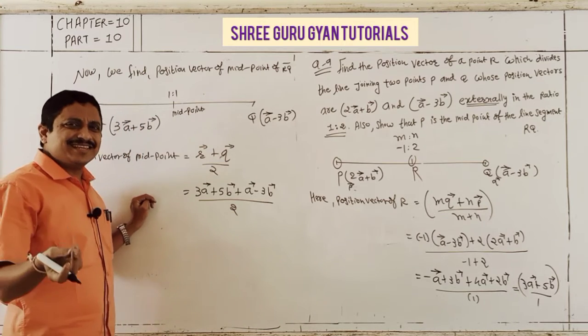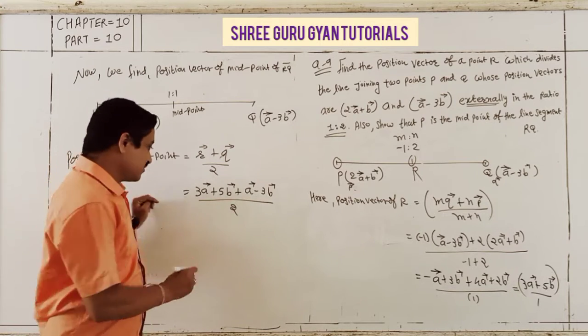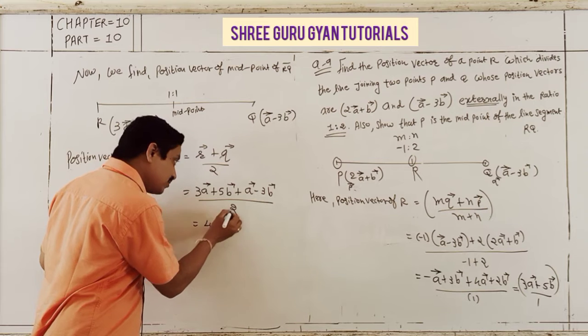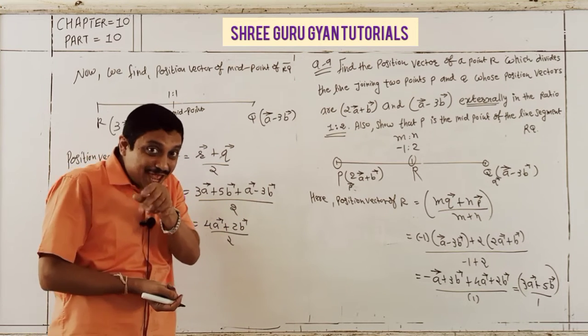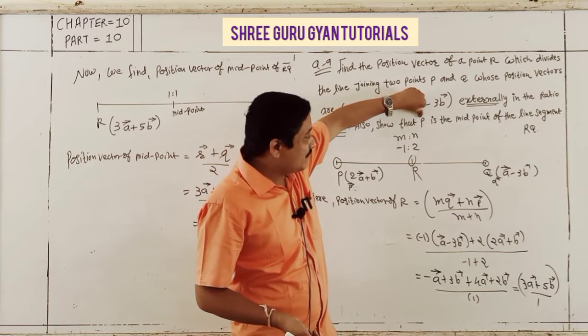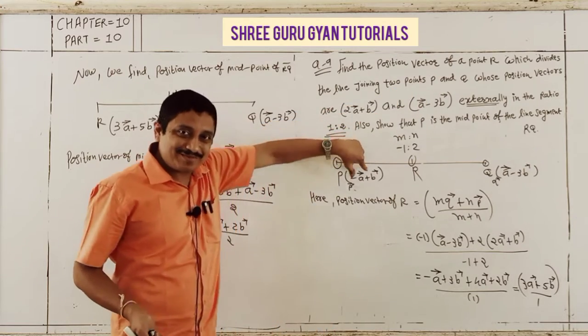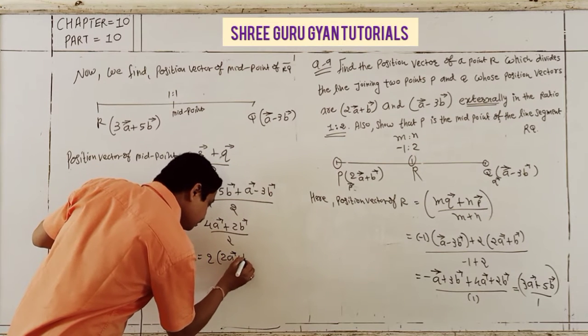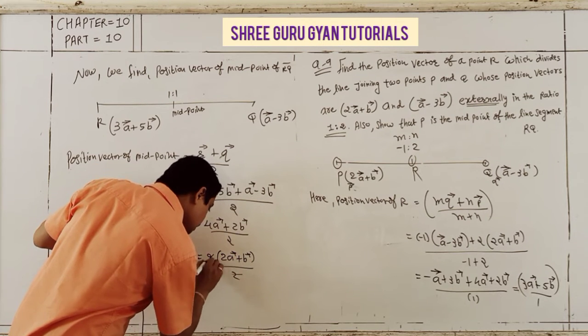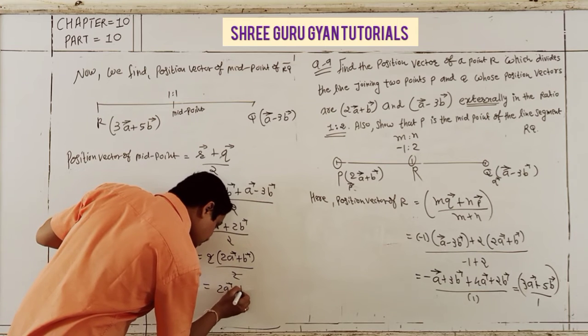Now very easily you get the answer: 3a plus a, it will be 4a, here 2b, and check that it is the same as the position vector of P. What's your P? 2a plus b. Yes, definitely it is 2a plus b, divided by 2, and that answer is 2a plus b.